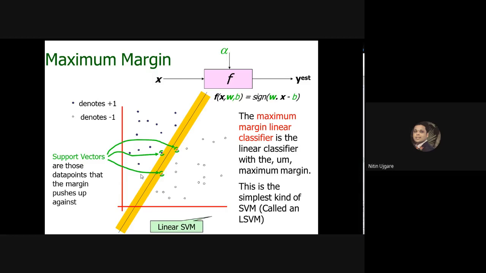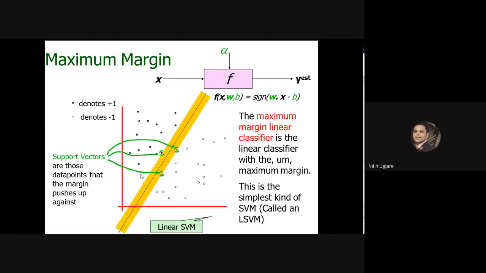Now we'll see the concept of support vector machine. Support vector machine is again a kind of geometrical machine learning model, and it has many mathematical properties. It is used for classification of instances into two classes, typically a positive class and a negative class.